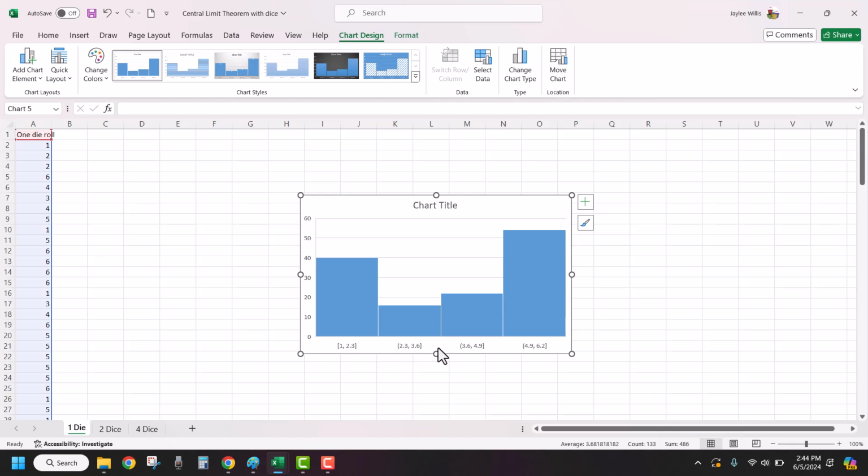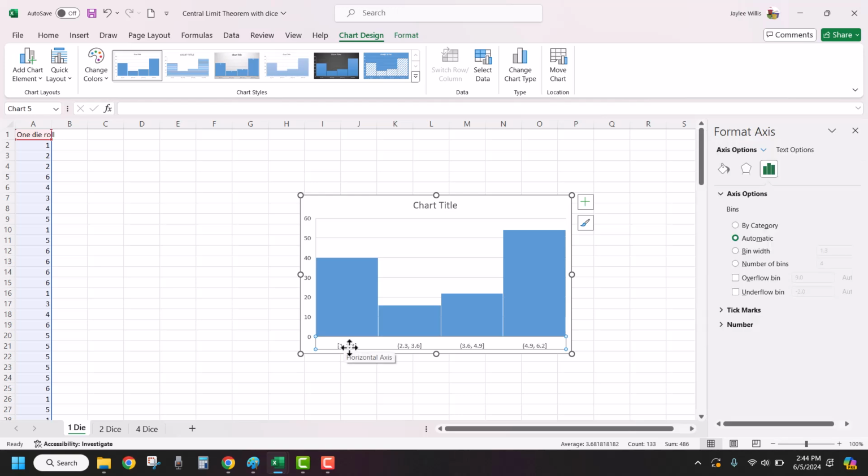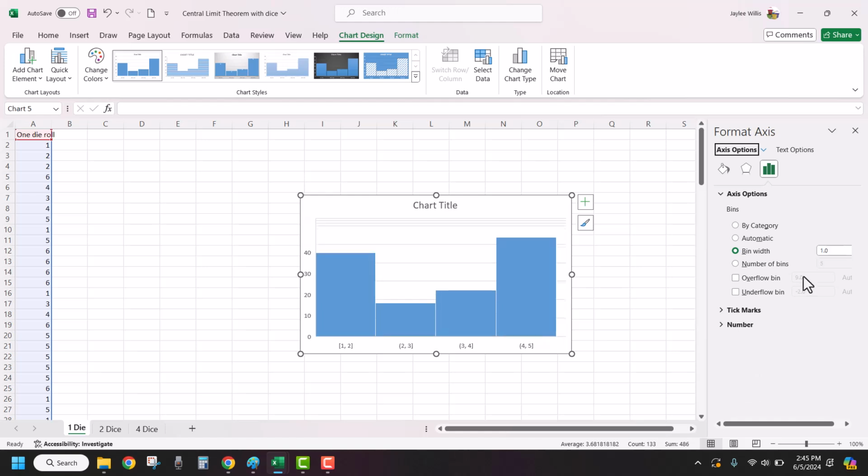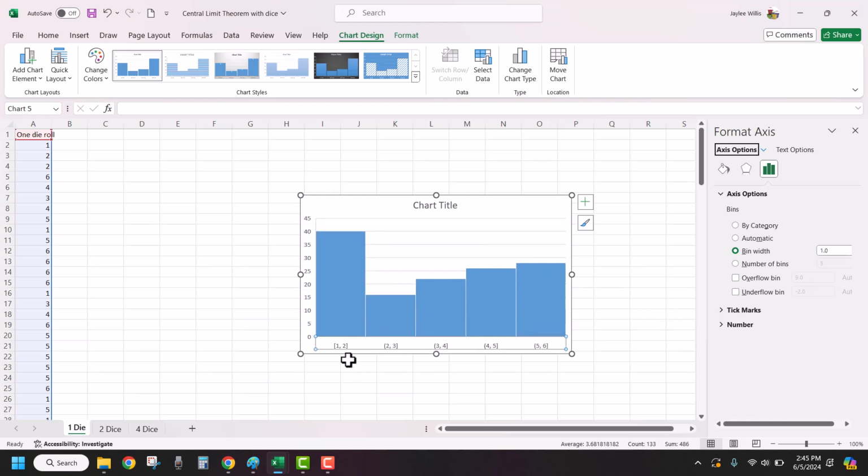But the bins don't particularly make sense, because dice rolls come in whole numbers. You either get a 1, a 2, a 3, a 4, or so on. So I'm going to adjust my histogram by double-clicking on this, and I'm going to define my bin width to be 1 instead of 1.3. Let's see what that does.